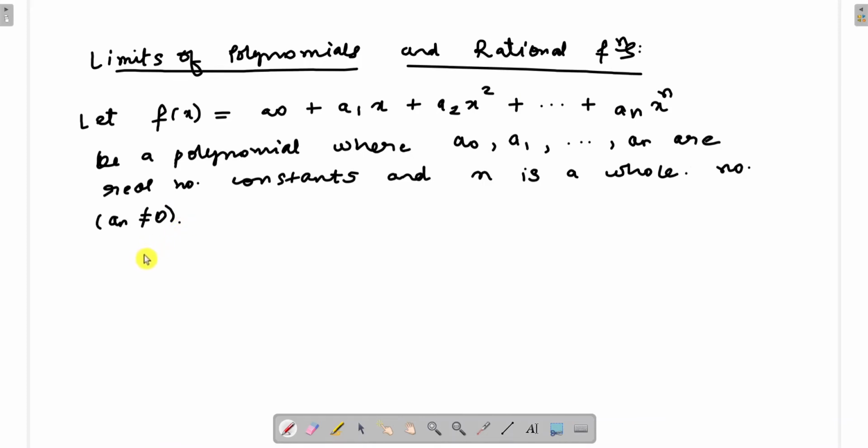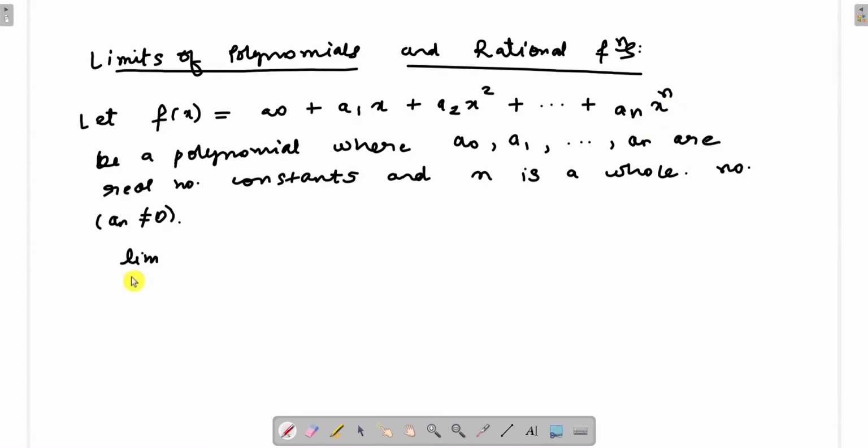Suppose we have to look at the limit as x tends to a of the function f(x). You can see that this polynomial function is made up of n plus 1 terms: a naught, then a1 x, a2 x square, an x raised to n.